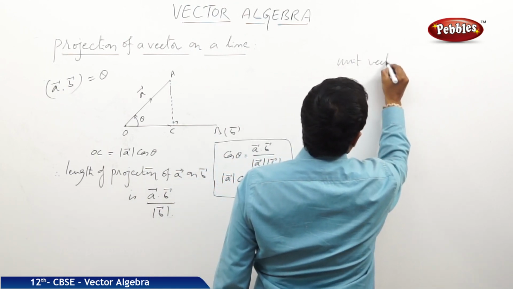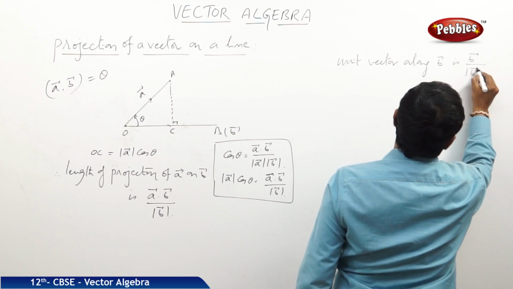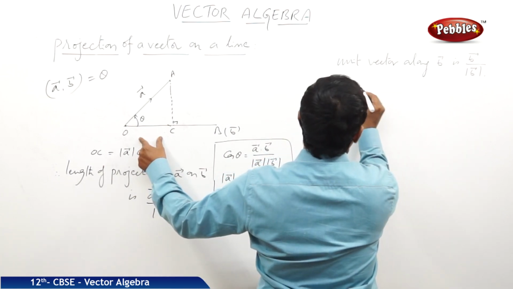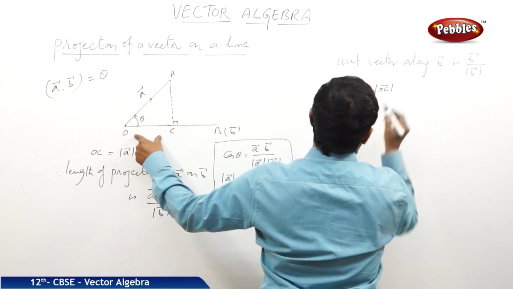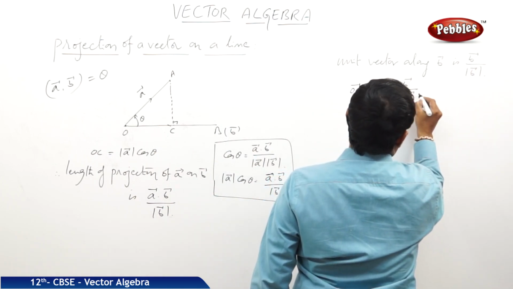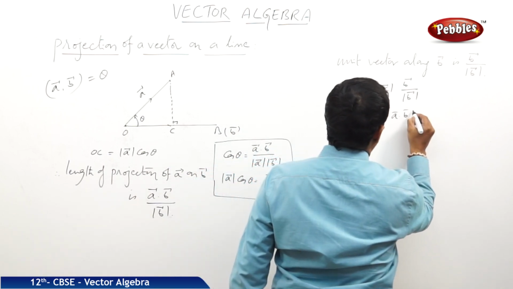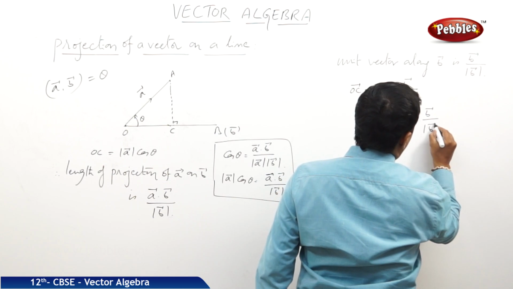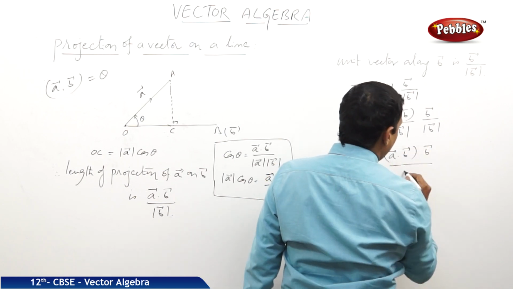The unit vector along B bar is B bar by mod B. Now, the vector OC is equal to the magnitude of OC into the unit vector along the direction of B bar, that is B by mod B. But modulus of OC is equal to A dot B by modulus of B vector into B by mod B. Therefore, it is A bar dot B bar into B bar by mod B into mod B, whole square.